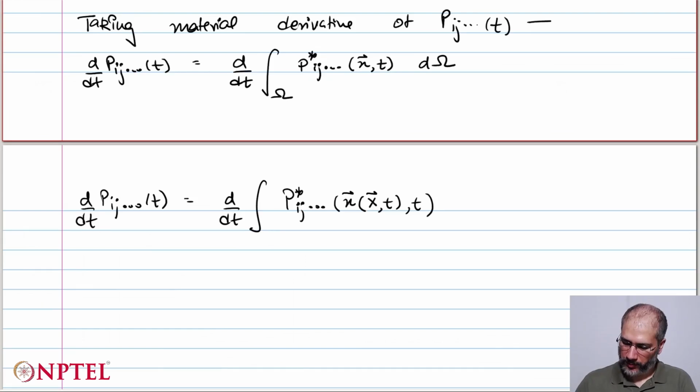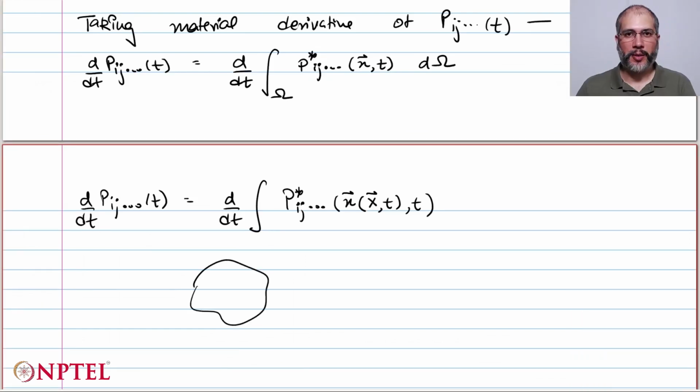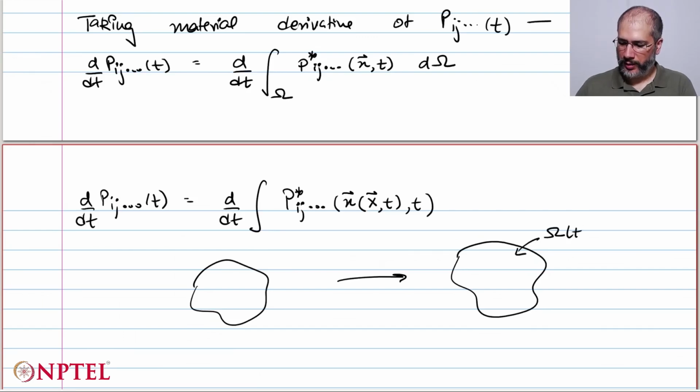So if this is the collection of particles in the reference configuration, then at time t, they form a volume in the current configuration. So this is our omega at the time t, and this is the omega at t equal to 0, which we call omega naught.